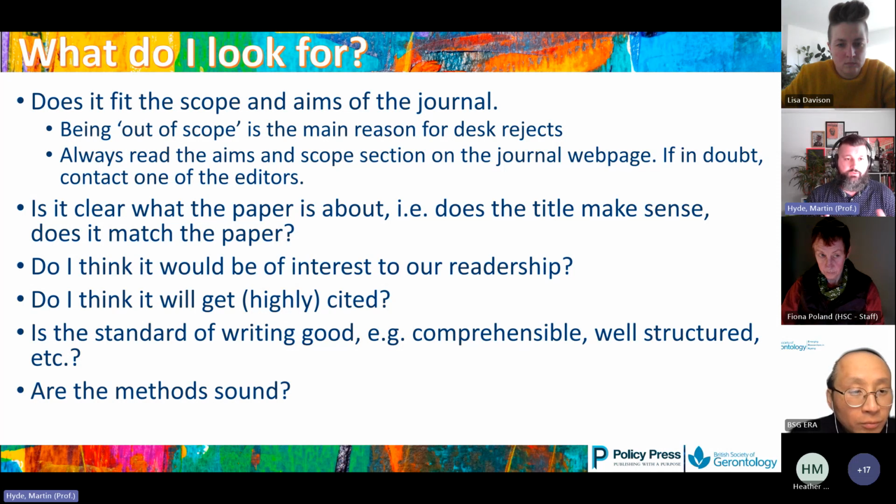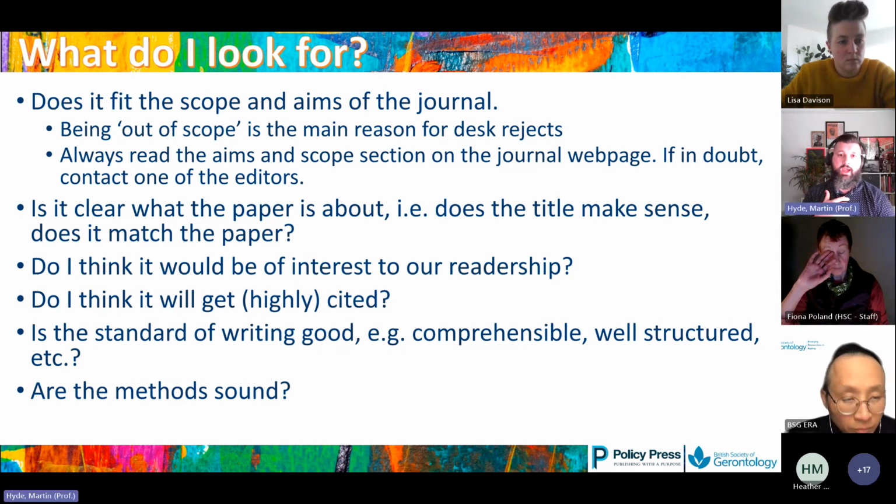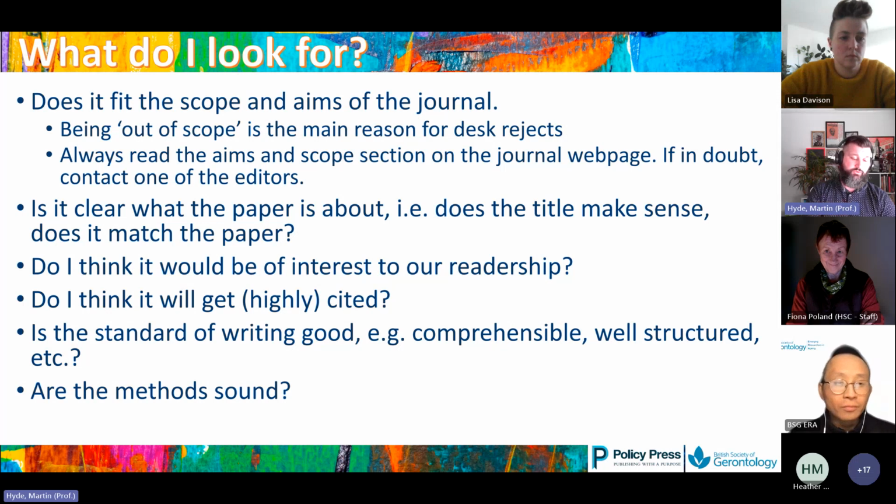So if you go onto any of the journal pages for journals that you're looking to submit to, somewhere there will be the aims and scope of the journal, or the mission of the journal, so what the journal hopes to publish. And often, the most common reason why papers will get rejected at this stage, what we call the desk reject, so it doesn't go out to reviewers but is sent back to the author at this initial stage, is simply because it falls out of scope.